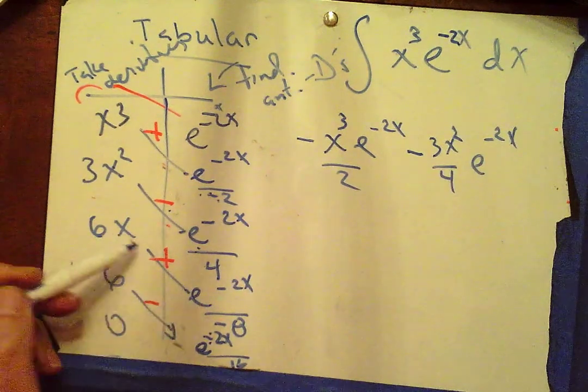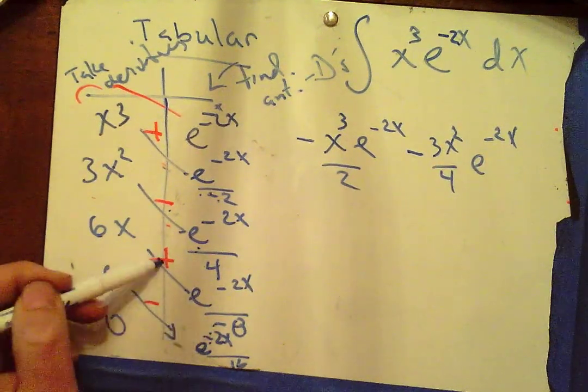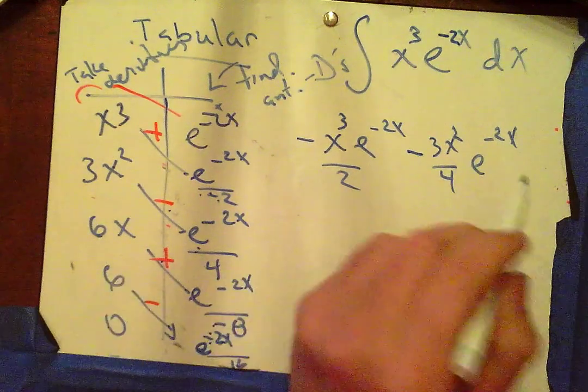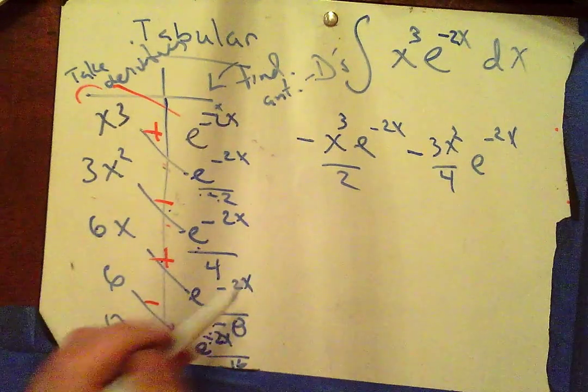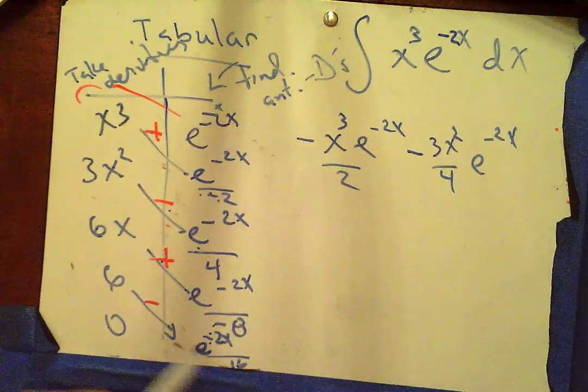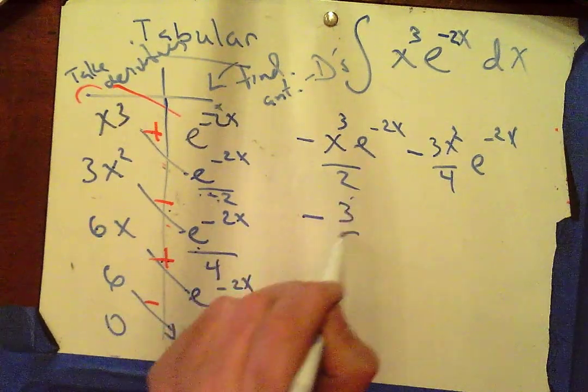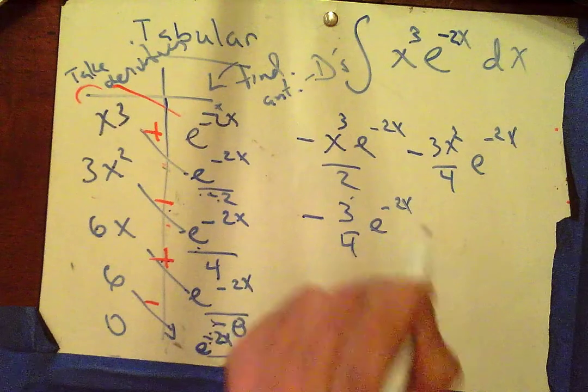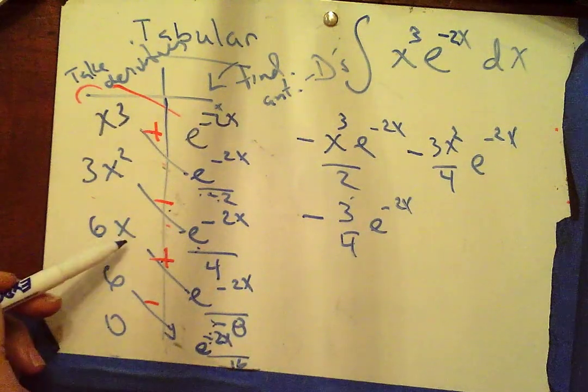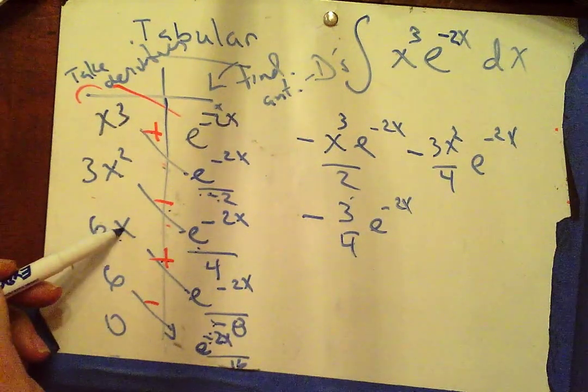And now I'm down here, and I have a minus times a plus, and yes, I can take a 2 out of each of those. So a minus times a plus is a minus 3/4 e to the minus 2x, and there was an x there as well.